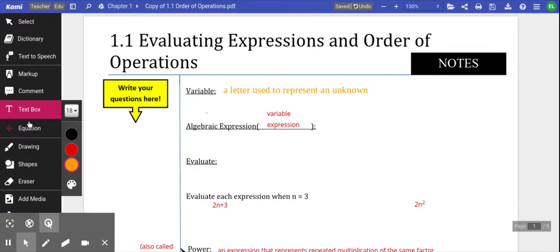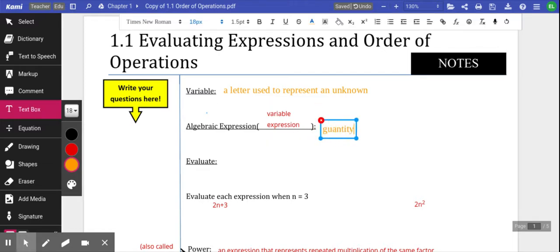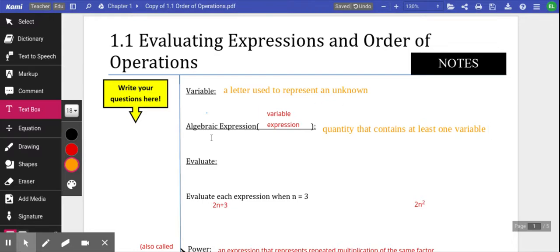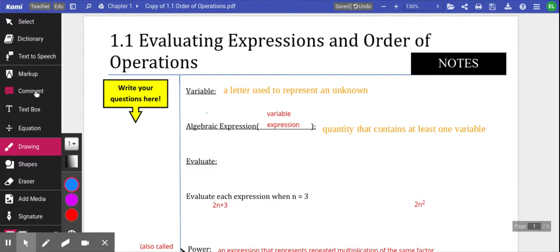Next, we have something called an algebraic expression, or maybe called a variable expression. And this is a quantity that contains at least one variable. So, for example, we might have 2x plus 3.